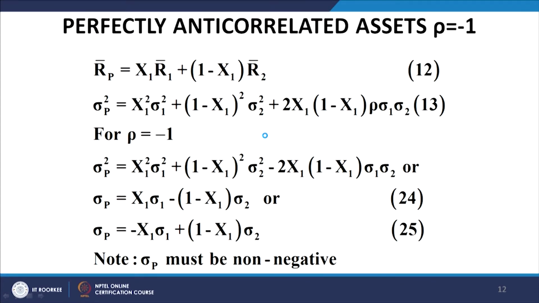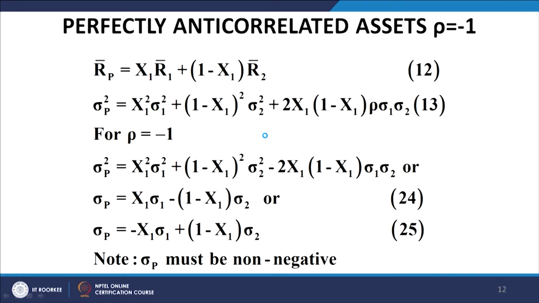In the region where the right hand side of equation 24 is positive, equation 24 will hold, and in the region where the right hand side of equation 25 is positive, 25 will hold.